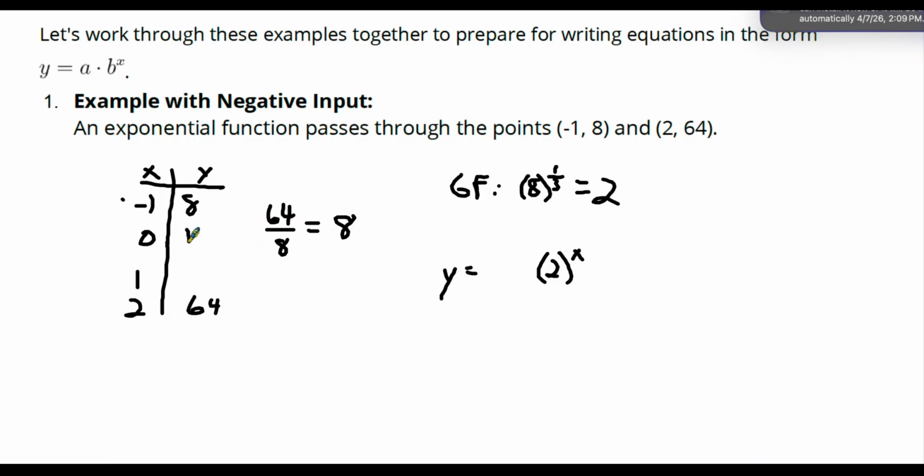So that means I'm multiplying by 2. 8 times 2 is 16. 16 times 2 is 32. 32 times 2 is 64. So we can think about this as saying, well, my starting value then, my y-intercept is 16. All right?